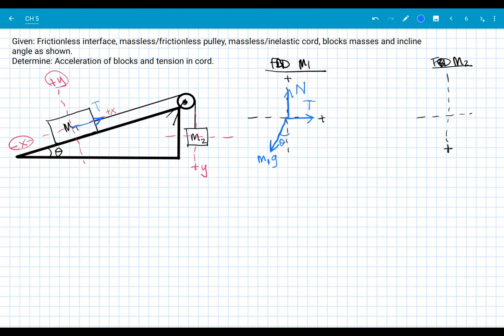The normal force, the force of the surface underneath the block, is exerted perpendicular to the surface. We'll call that N. And then, of course, you have the weight of the block that, regardless of everything else that's going on, is always directed straight down. And that is going to be M1G. That's the weight of that block.